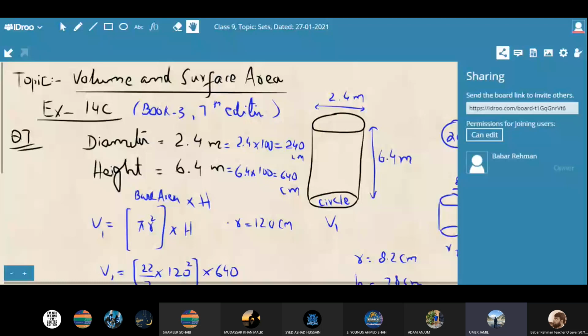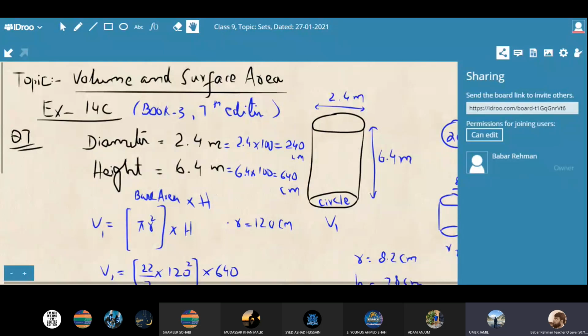To convert it into centimeters, as the other cylinder is also given in centimeters, 2.4 meter is 240 centimeter, which is the diameter, and the height, 6.4 meter, is 640 centimeter.